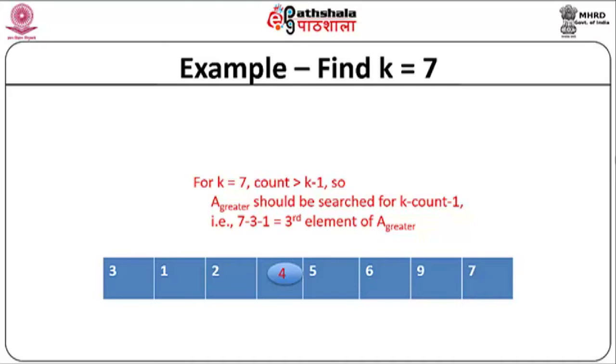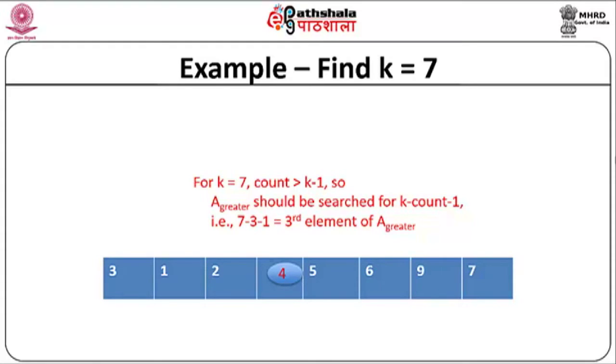Suppose k is going to be 7. You can check that count is going to be 3. So, k is going to be greater than this, which means it has to be searched in the right part. The right part is k minus count minus 1, so that means 7 minus 3 minus 1. That means it is going to be the third element of your A greater.